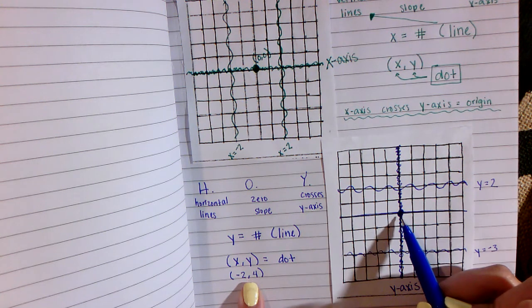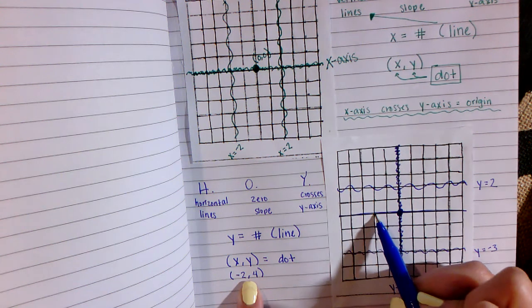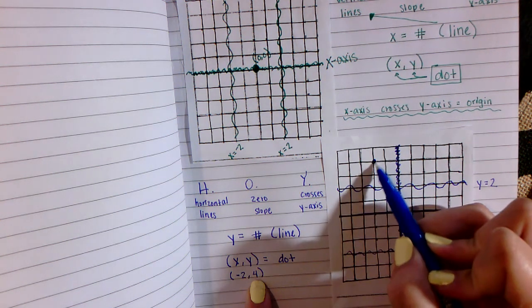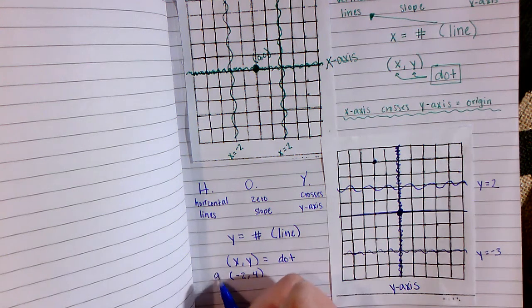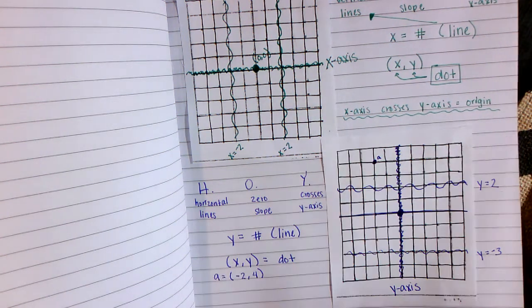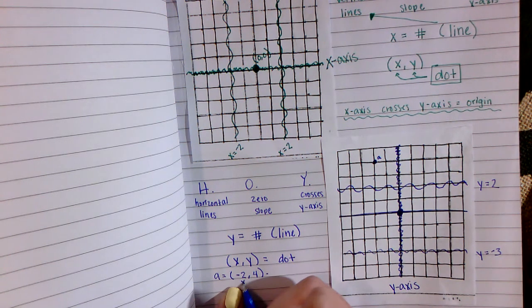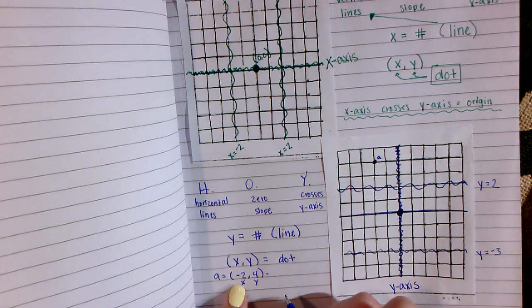You have to start at the origin and move left 2, up 4. There's that point. We're going to call it A. There's point A. Okay? So how we do that is, this is my x value, this is my y value. So this comes first.